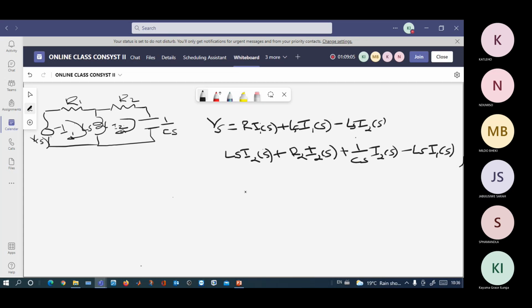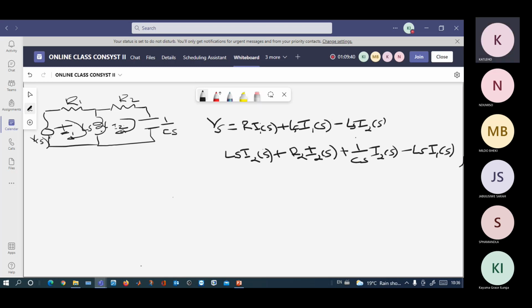Guys, are we together? Sorry, sir, can you please repeat loop 1? Loop 1, okay. Yes, sir. So, in loop 1, we have current I1, right? Which is flowing here. So, for this loop 1, our voltage will be the voltage flowing in this one plus the voltage flowing in that one, right? Are we together? Yes, sir.